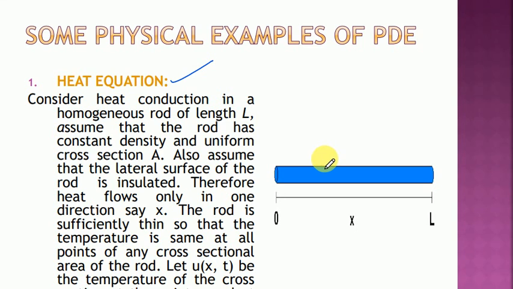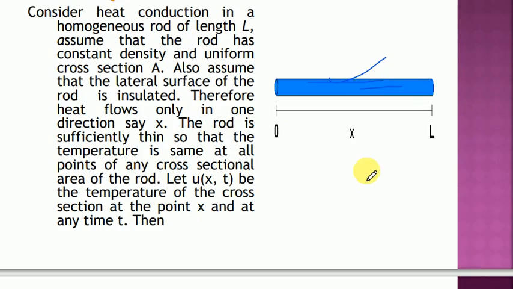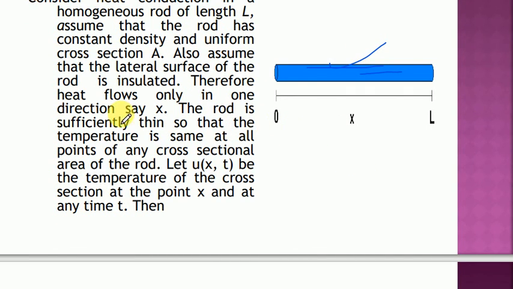We will have a rod that has length capital L, and this rod has constant density and uniform cross sectional area, and the lateral surface is insulated, so the flow is in only one direction, and the rod is sufficiently thin so that the temperature is the same at all points of any cross sectional area of the rod.